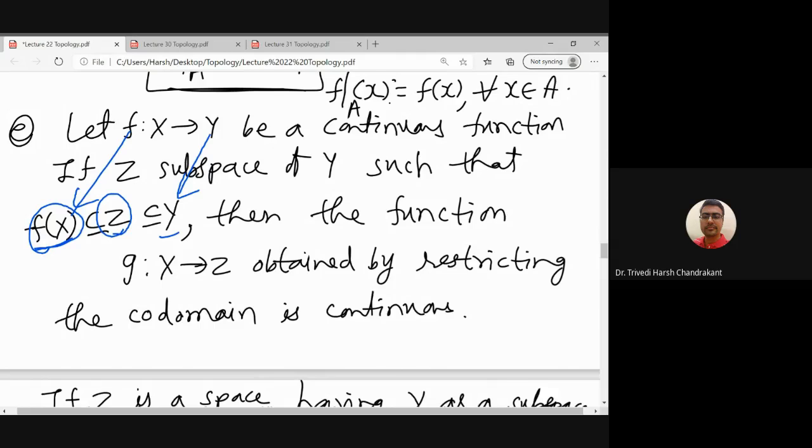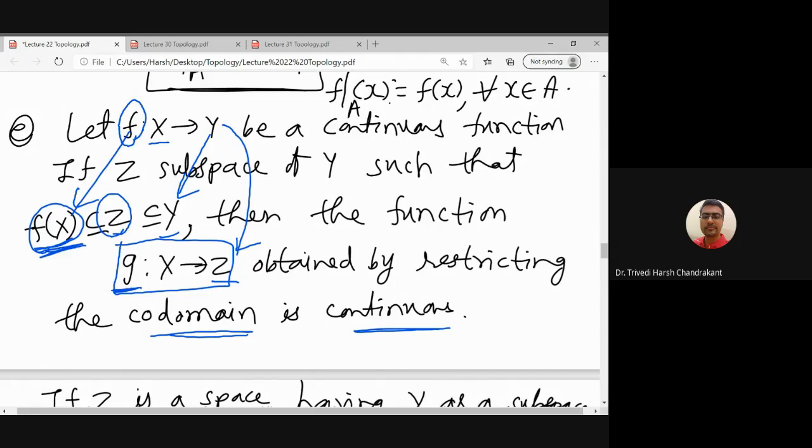So for any subset of Y which contains the range of f, you consider a function taking values in that set. What we are doing is considering f from X to Z, by restricting the codomain to Z. That function will always be a continuous function.